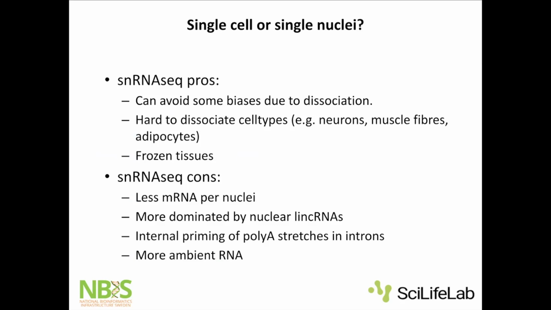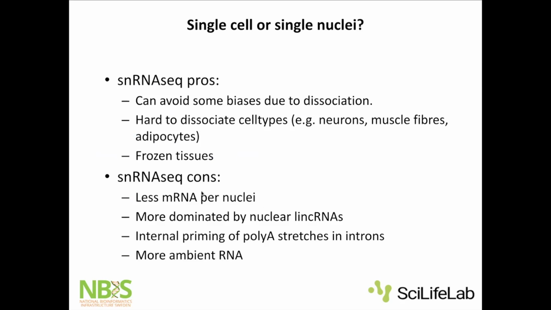So we can do single nuclei instead of single cell if we have tissues that are hard to dissociate. For instance, neurons with their long axons, it's really hard to get whole cells, so our only option is to do single nuclei instead. Adipocytes, or if we have frozen tissue, that will break the cells if we dissociate it.